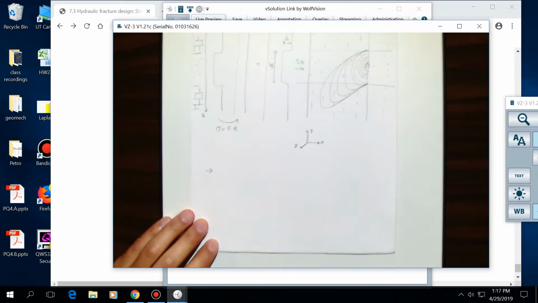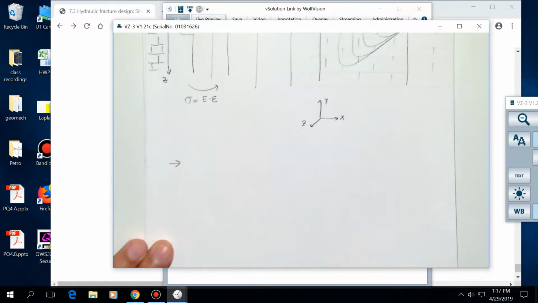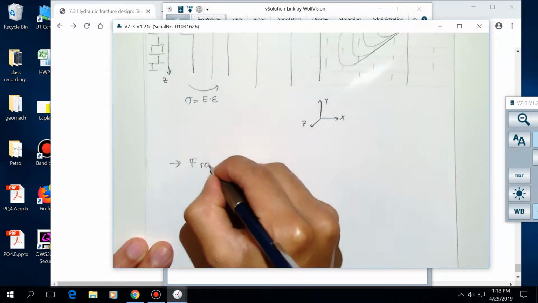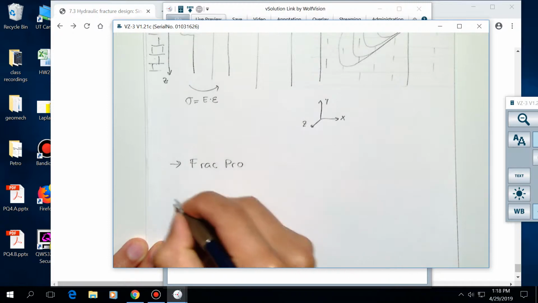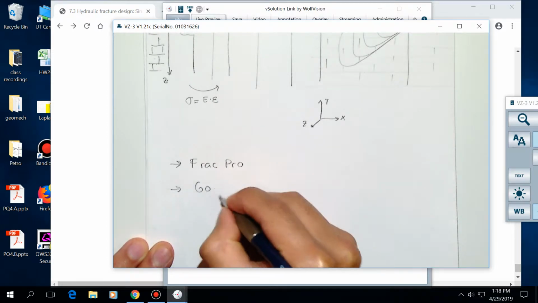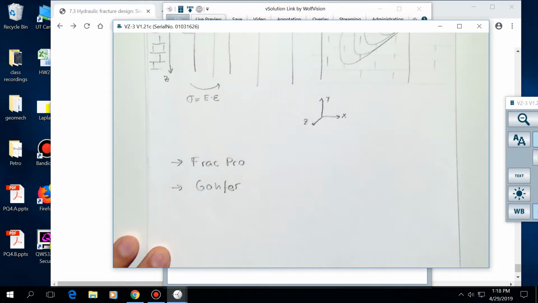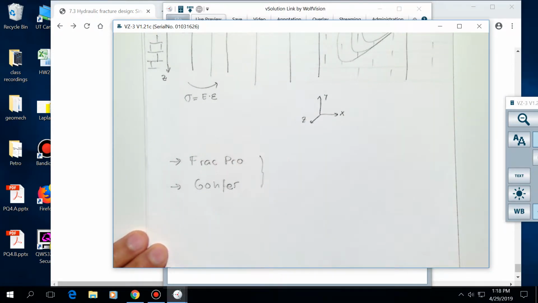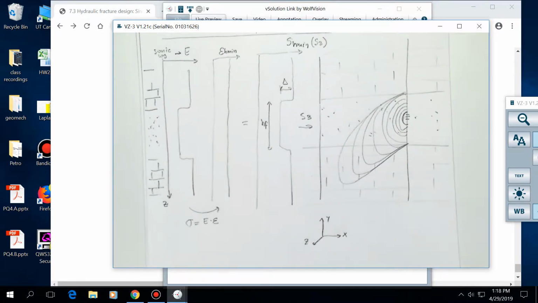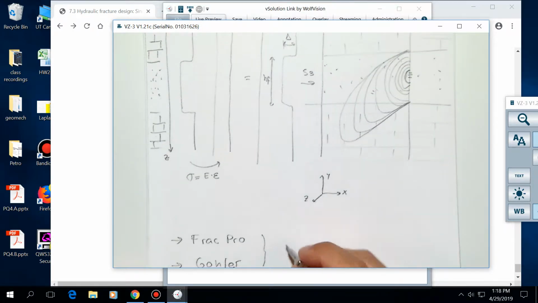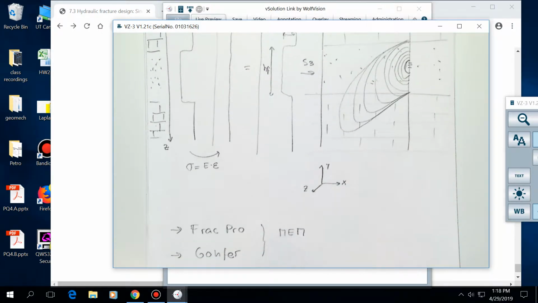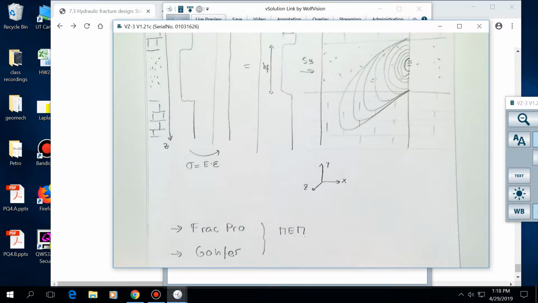So in the future, if you use a hydraulic fracture simulator, the most popular ones are one called FracPro, and another called Gopher. And basically what they do is exactly what we have seen. They use well logging data, so they determine this mechanical earth model.